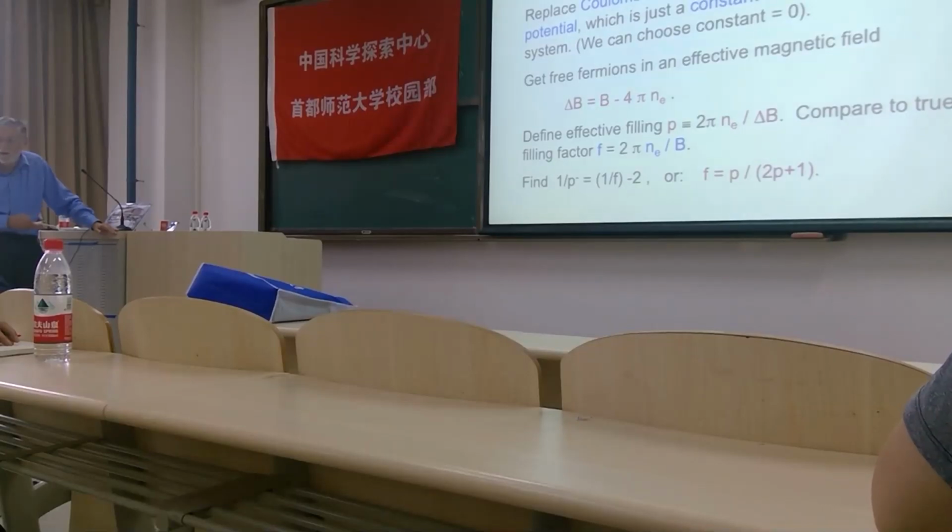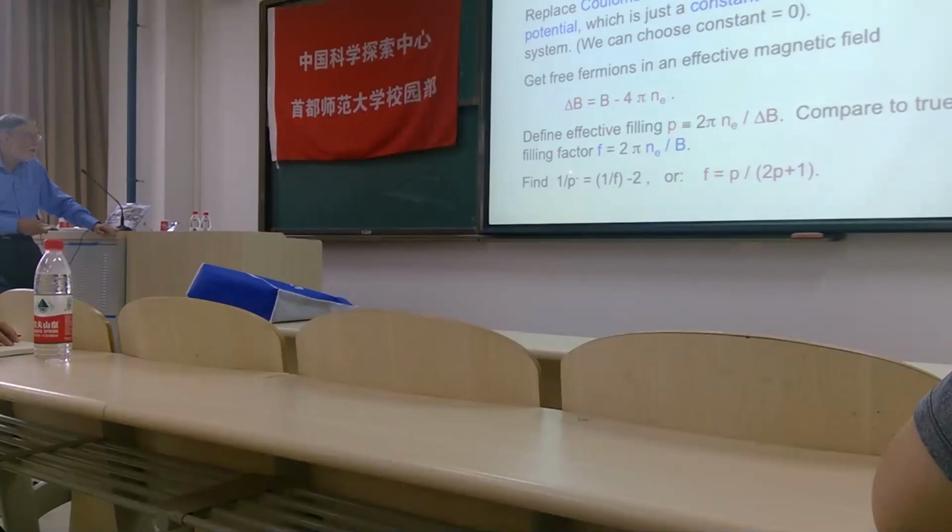So now what I can do is define an effective filling factor, which is 2 pi times the density of electrons divided by this delta B. And I compare that with the original filling fraction, which is 2 pi times the density divided by B. This will be the number of electrons per flux quanta. This is the number of electrons per fake flux quanta, effective.